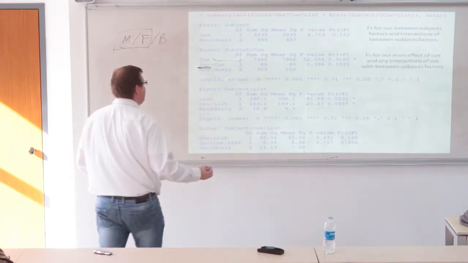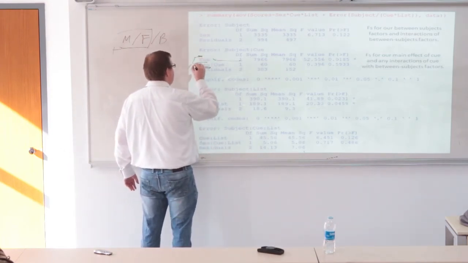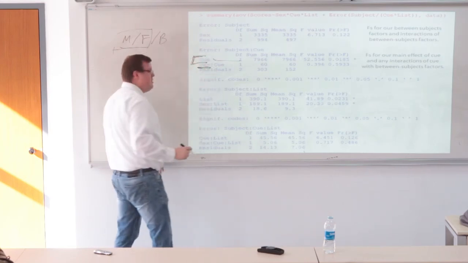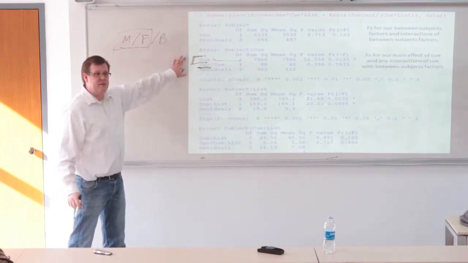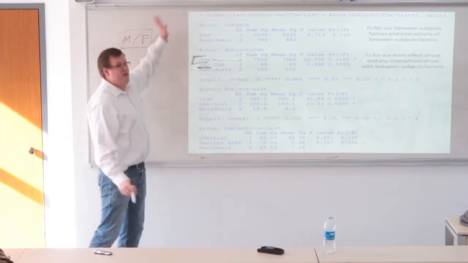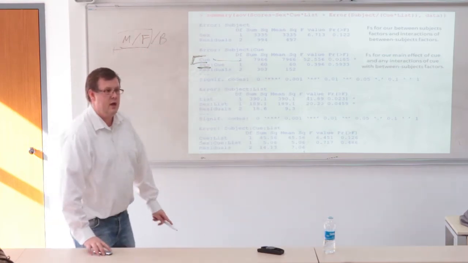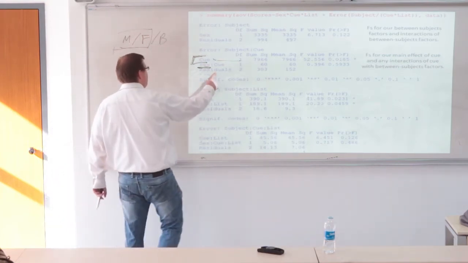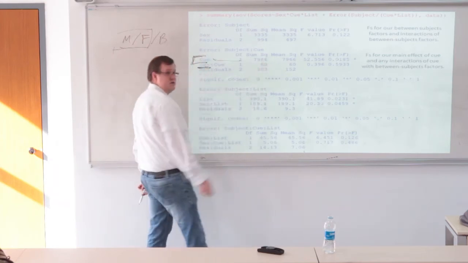So you'll have the one within subject factor, and all of the interactions of that within subject factor with all of the between subject factors. We will have a single residual for each of those.